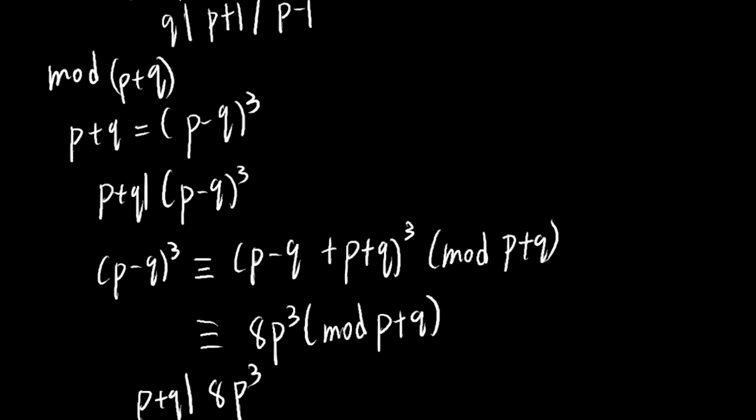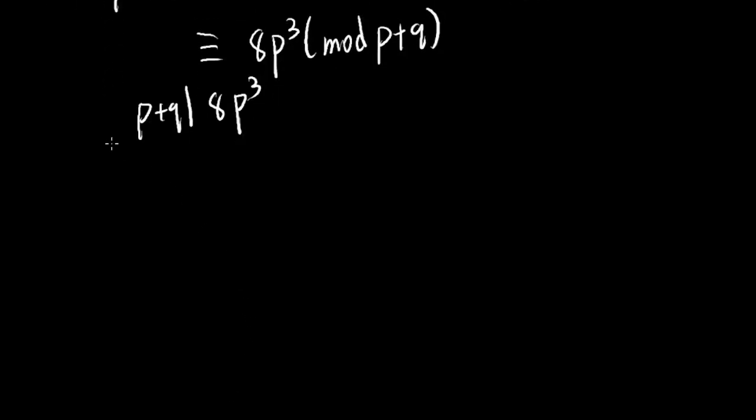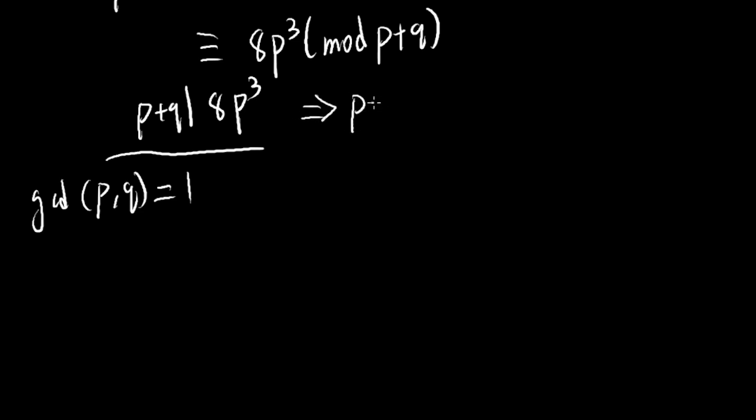But we've noticed that for this divisibility problem, we have GCD of p and q being 1, they are co-prime, and we think that maybe p plus q will also be co-prime with p cubed, and if that is the case, we can deduce that p plus q divides 8, right?